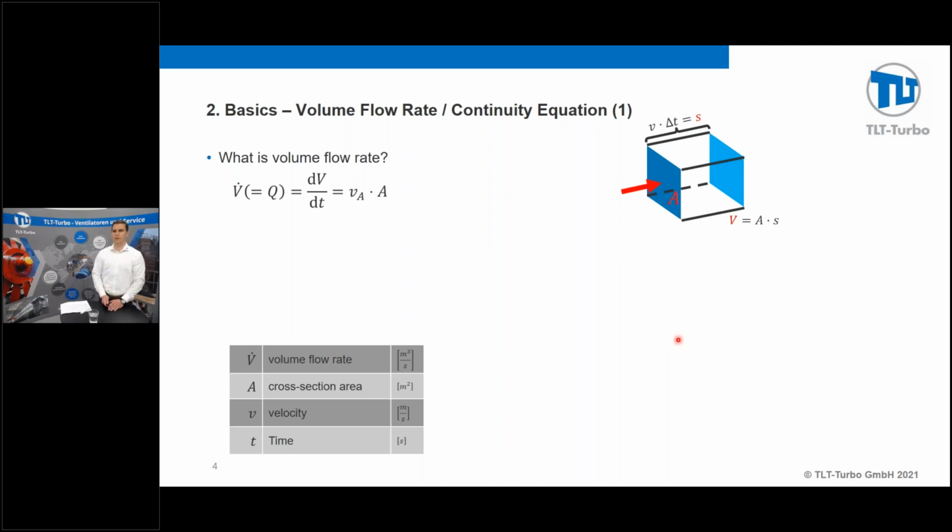Hopefully a little bit more vivid or clear is if you have a look at a cuboid that of course has a certain volume, and this volume can be calculated as the cross section A times a length S. Or if you assume now that this cuboid would be a part of the duct system with the cross section A, the volume flow rate which is passing through would be the result of A times the velocity with which the fluid is passing through this cross section.